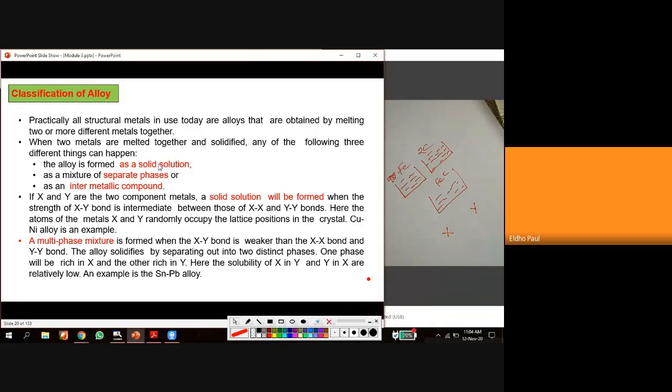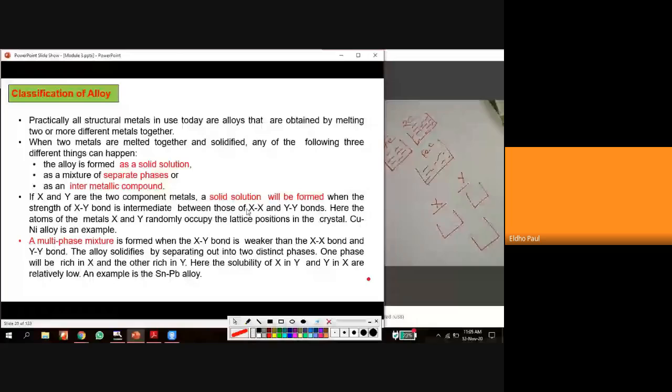It depends on the strength of the XY bond. We take a molten material of X and a molten material of Y, and mix these two together. What happens? A solid solution is formed when the XY bond is intermediate between the XX bond and the YY bond.